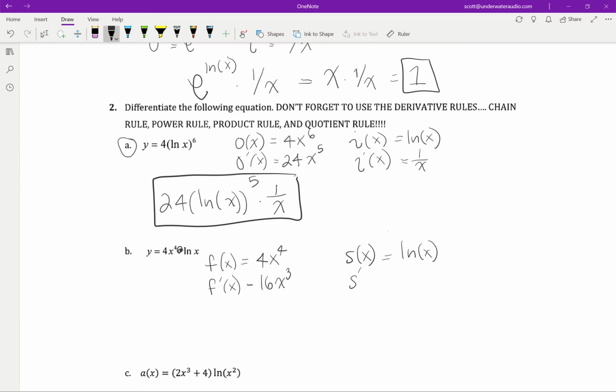The derivative of the second is just 1 over x. This is a new thing that we're learning. So I could do the first times the derivative of the second plus the second times the derivative of the first. 4x to the 4th times 1 over x plus natural log of x times 16x cubed.